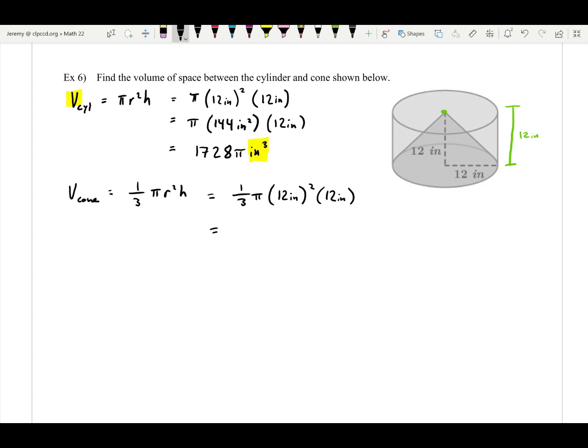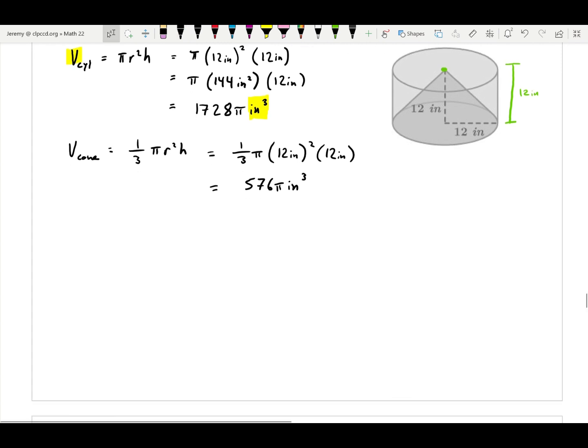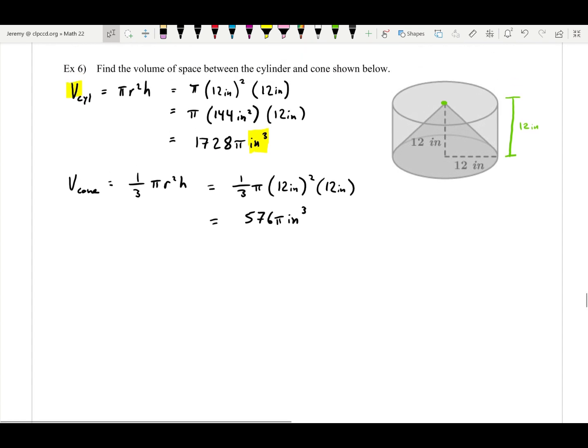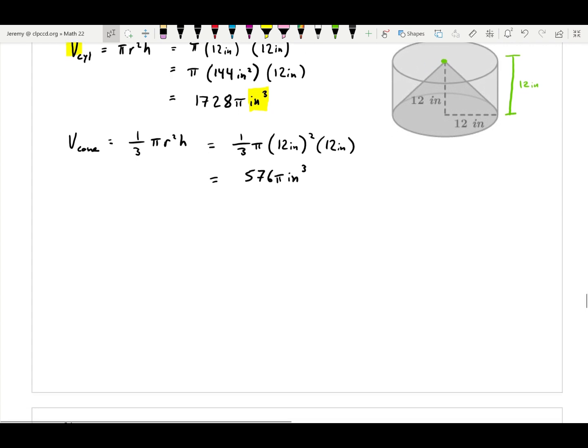All right, so multiplying all of this out, we end up with 576 pi inches cubed. All right, I'm leaving this in terms of pi because, as soon as I multiply by 3.1415, blah, blah, blah, I'm going to get an approximation. I'd rather stick with an exact answer for now.